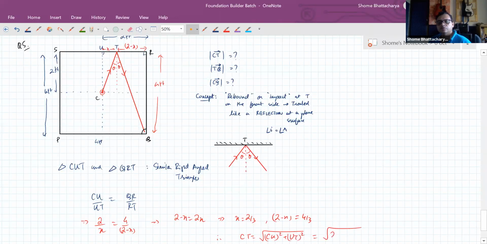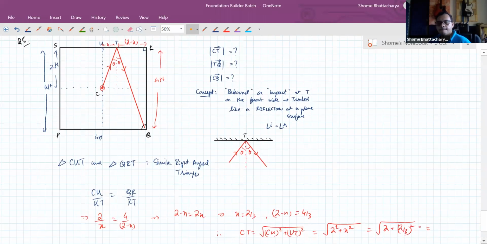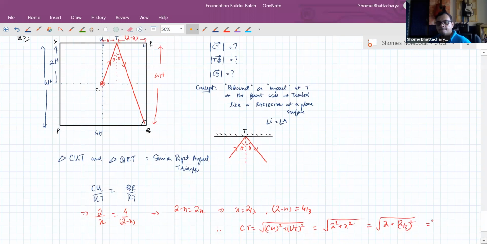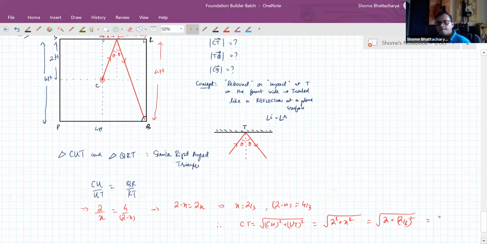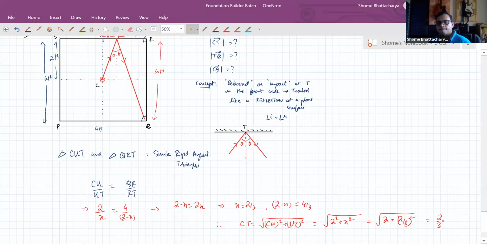So that is square root of 2 square plus x square in the diagram, and x we have just got as 2 by 3. So we will get this like this.